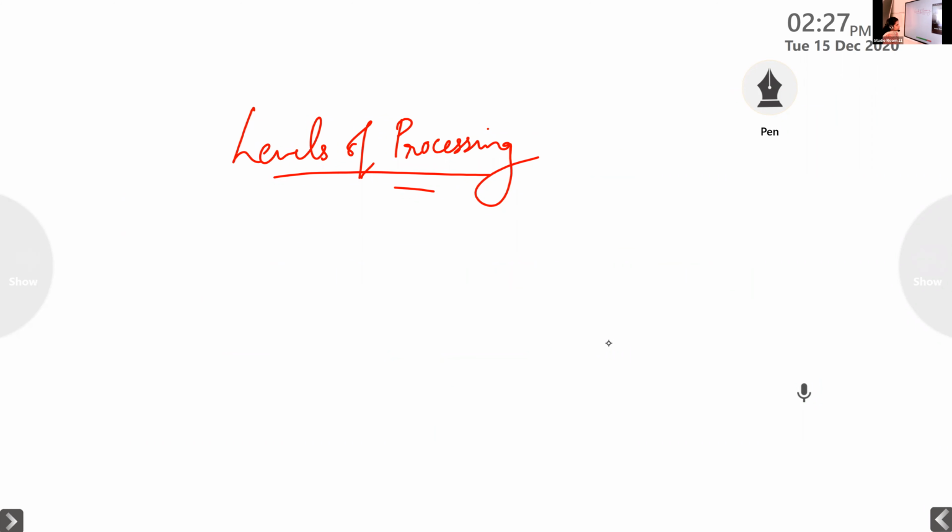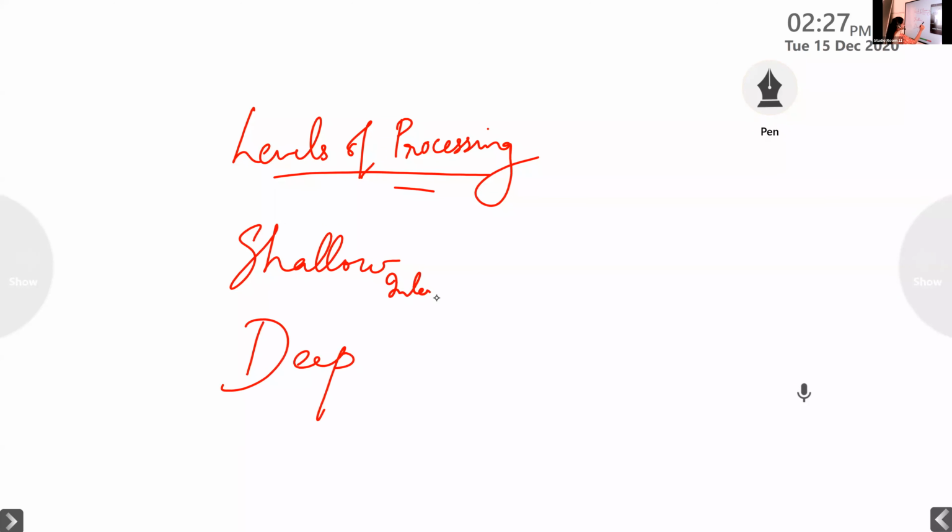Deep. Deep level of processing. So we have the main levels of processing as shallow and deep. I told you that in the beginning. And intermediate comes here, but as main levels of processing, we consider only shallow and deep. Shallow is in terms of the structures, the phonetic sounds and all. And then deep level is in terms of the meaning, that is semantically.